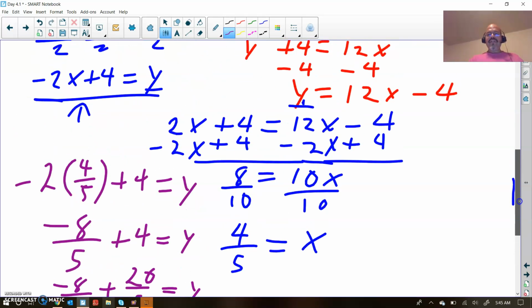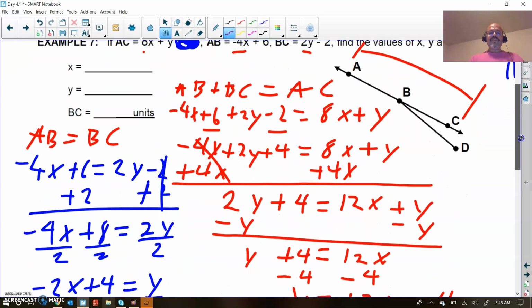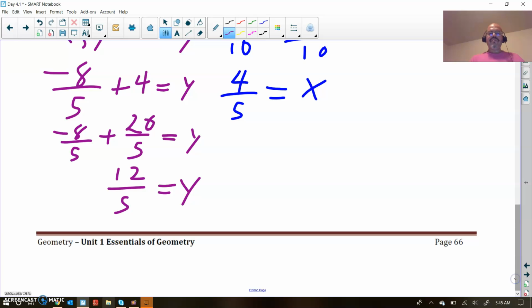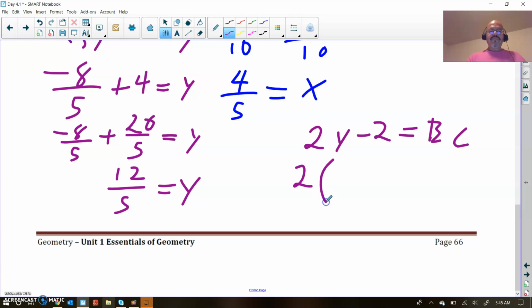That is heavily ugly. Now we need to find BC, which is 2y minus 2. And that's going to be equal to whatever our y is, or our BC. So we have 2 times 12 over 5 minus 2.